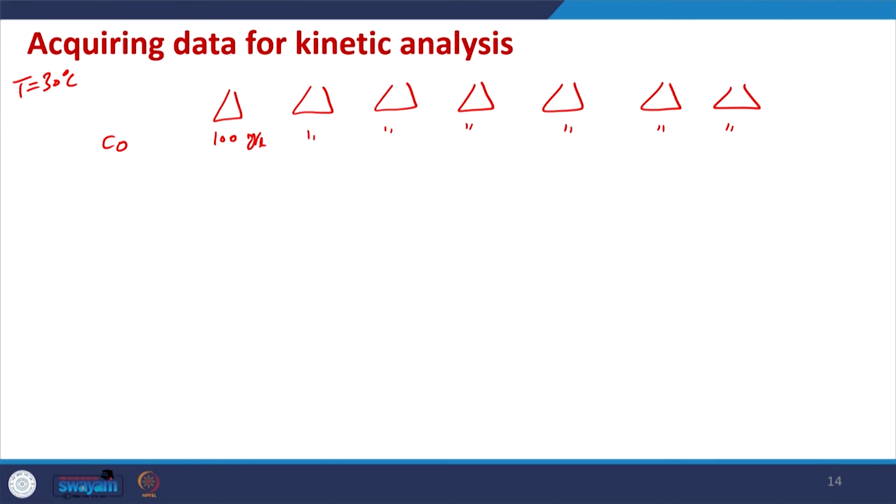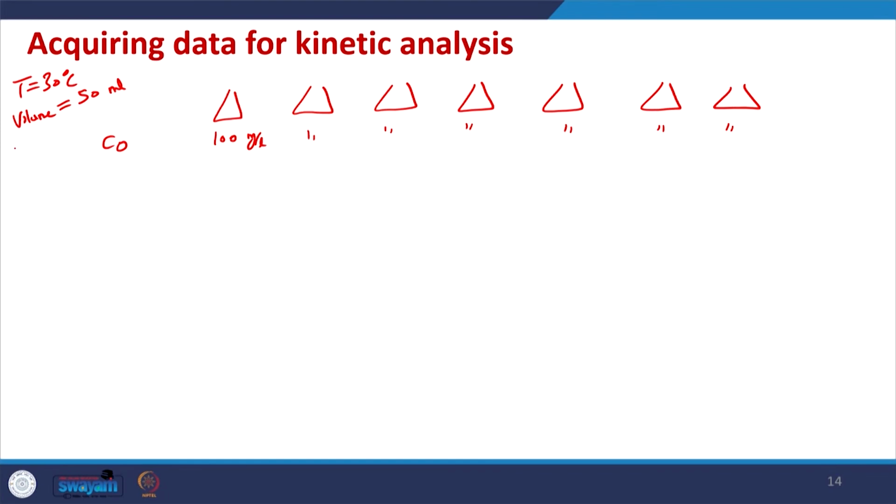Now, what we do is that we add a certain amount of adsorbent in each of them. We take the volume of solution to be, suppose, 50 ml in each of them. So, each beaker contains 50 ml of the solution which has a concentration of 100 milligram per liter. So, this is fixed.